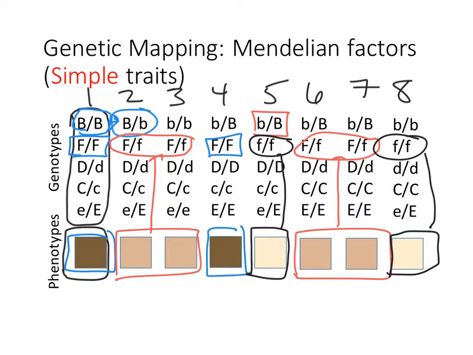But all we do when we look for what gene controls a trait is we're looking for this correlation. And the stronger the correlation between phenotype and genotype, the more likely it is that this gene does actually control this trait.